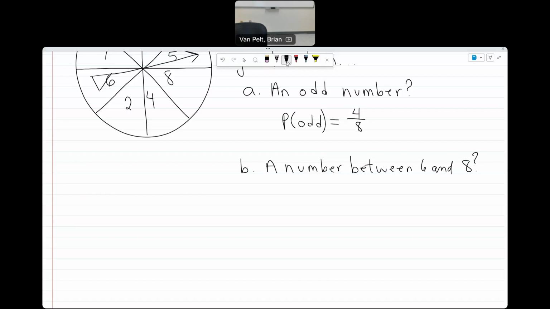What numbers am I talking about here? 6, 7, and 8. When we say between in math, we include the ends as well, so 6 and 8 are actually included.